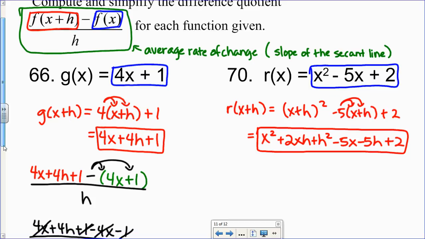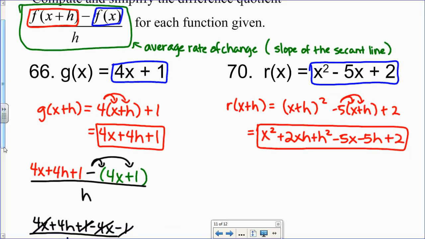Okay. So this is going to go in for the red. And then I want to subtract the blue.